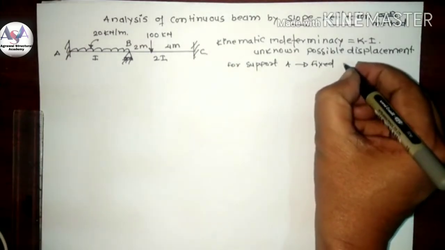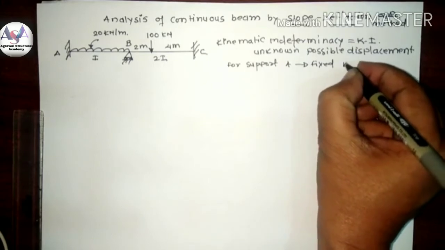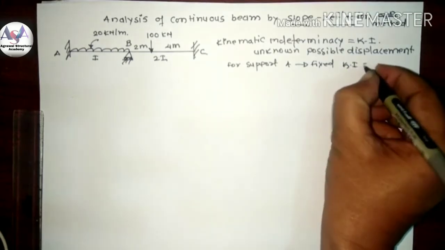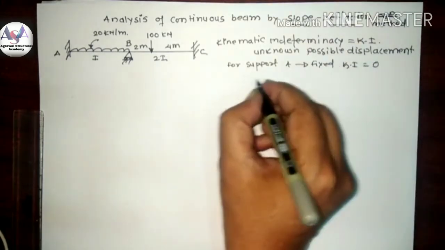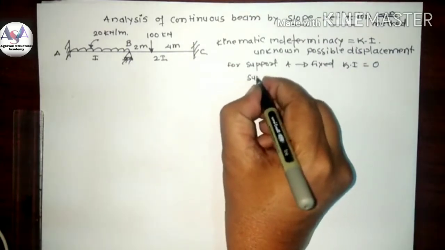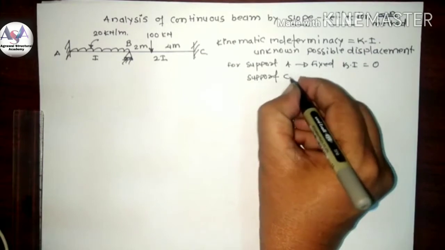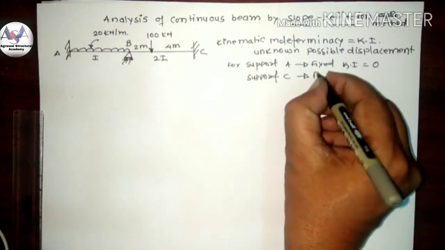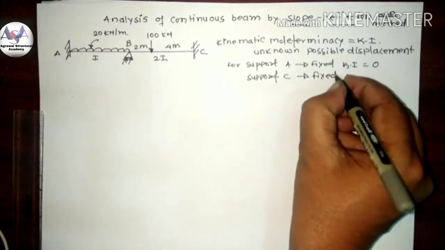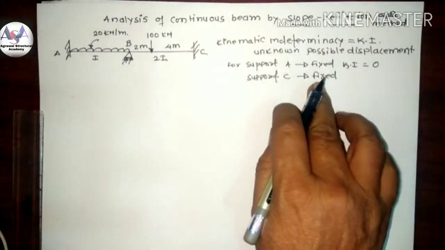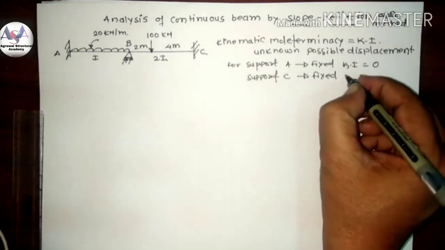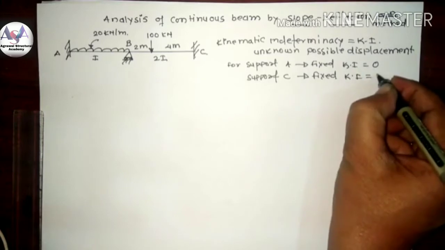Fixed support does not have any type of displacement, so Ki is equal to 0. Then support C, again that support is a fixed support. Fixed support has 0 displacement, so this Ki is also equal to 0.